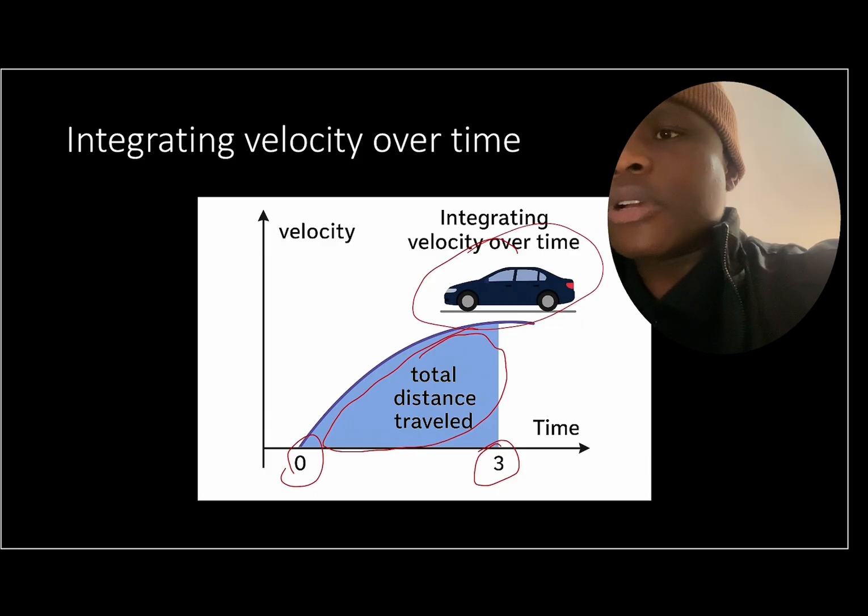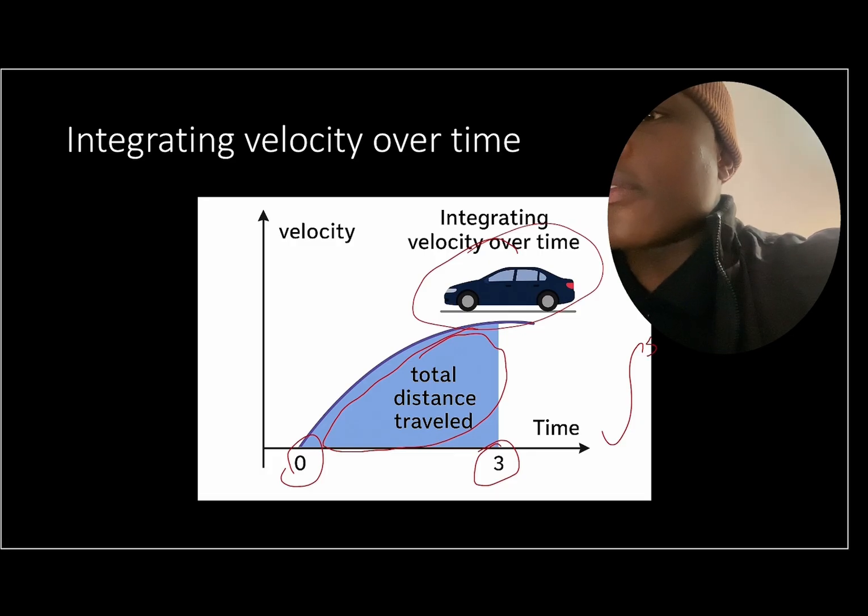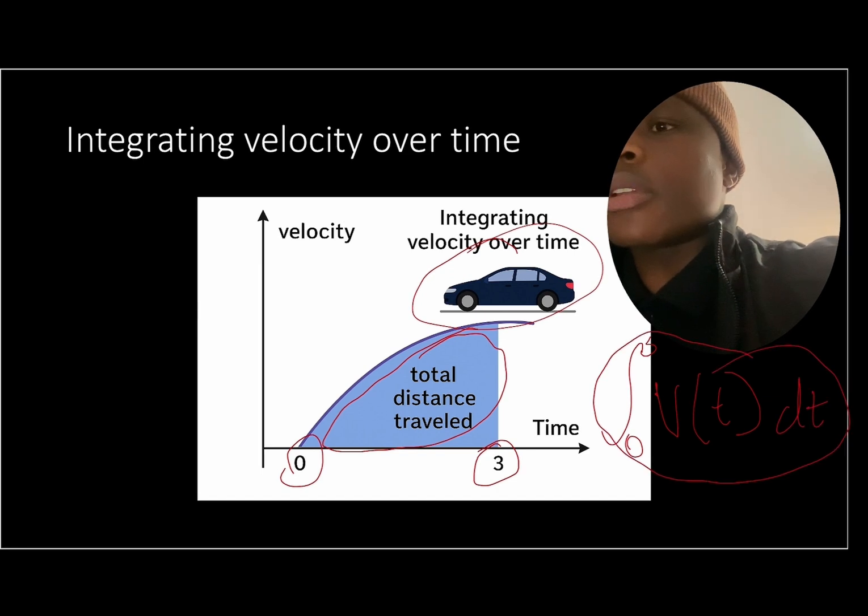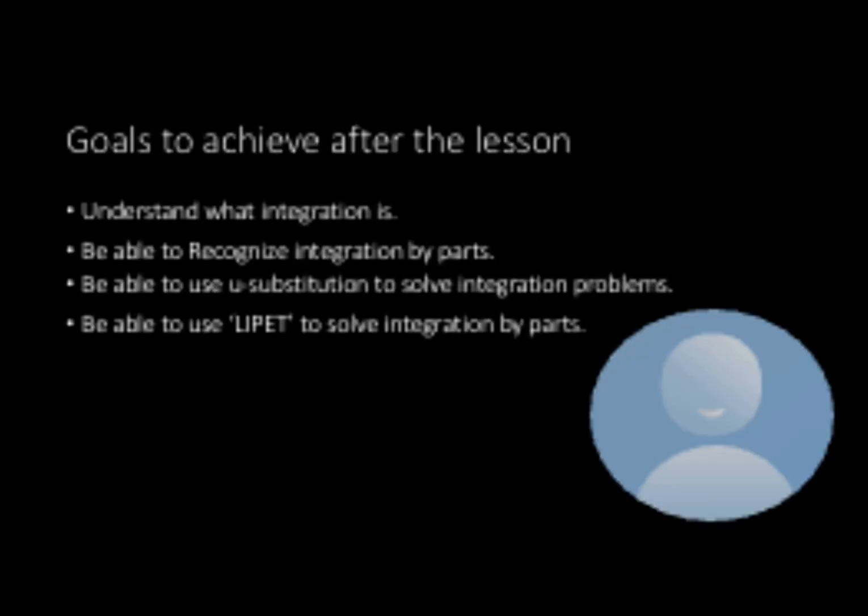Therefore, what will be our expression to calculate this displacement? Our upper value is 3 and our lower value is 0. Our equation will be velocity in terms of time, dt. This is the expression that we're going to use to calculate the distance, or the displacement of this car.